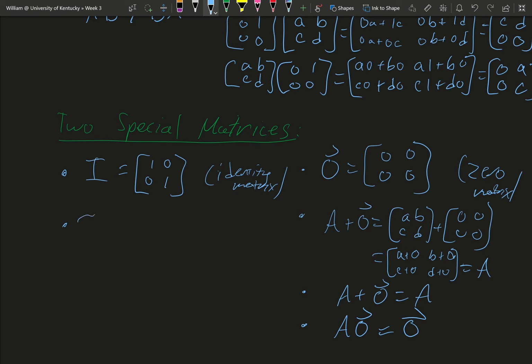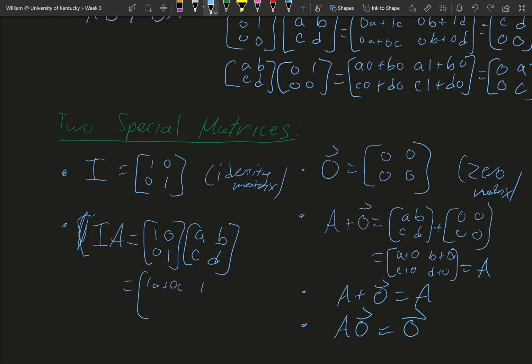So we'll see that if we do I times A, then we end up with 1A plus 0C, 1B plus 0D, 0A plus 1C, and 0B plus 1D.